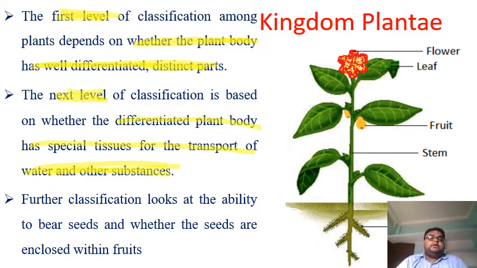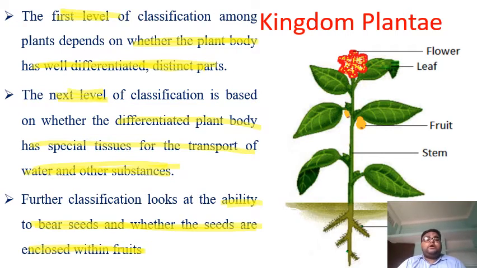Okay, so when we look at the further classification, we will look at the ability to bear seeds and whether the seeds are enclosed within the fruits, right? So first level is what? To put it very simply, the first level is whether or not the plants have well differentiated or distinct parts. Right, students?